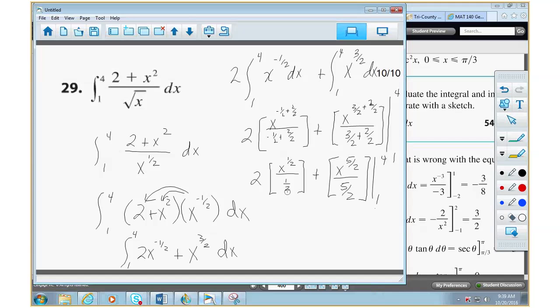When you divide by a fraction, you multiply by what? Four x to the 1/2 plus 2/5 x to the 5 halves, evaluated from 1 to 4.